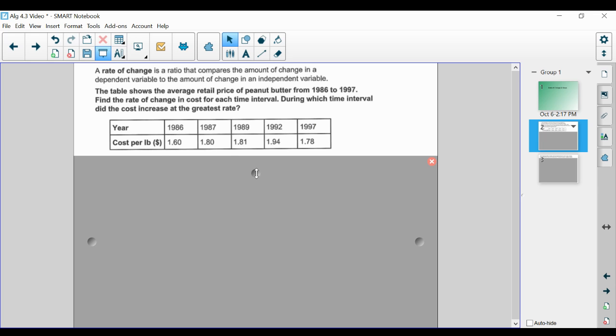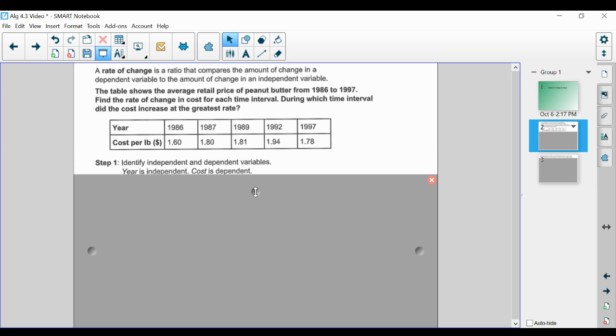So we want to find the rate of change between these years. So the first thing we're going to do is identify the independent and the dependent variable. So this takes a little bit of thinking. You have to say, okay, what depends on which? 9 times out of 10, your cost is going to be the dependent variable. 9 times out of 10, your money is going to be your dependent variable.